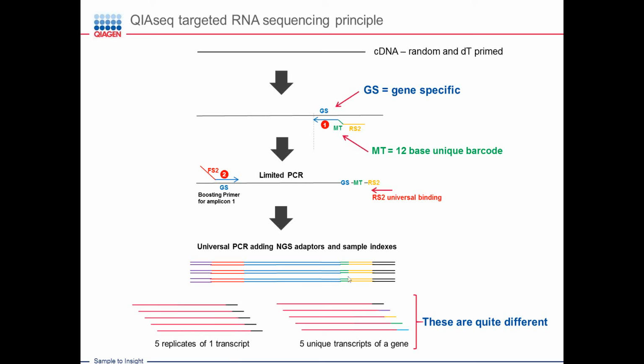You would know that you have 5 unique RNAs that were copied into cDNA and then read on the machine. And these 2 scenarios are very different from each other. In one case, you've read the same transcript or different ones, you don't know, 5 times. But in this case, you know that you captured 5 different molecules. And statistically, those 2 things are very different.